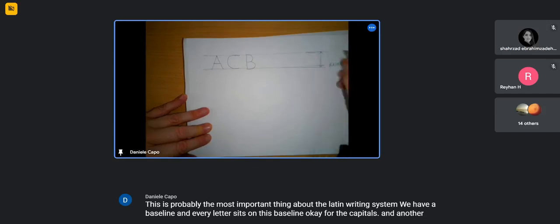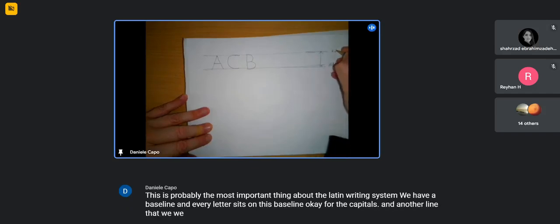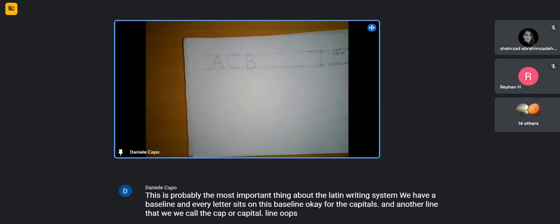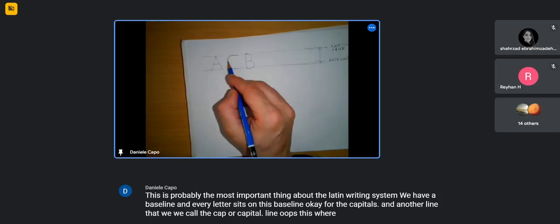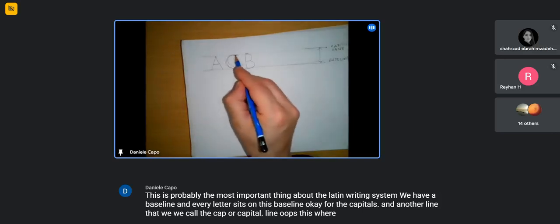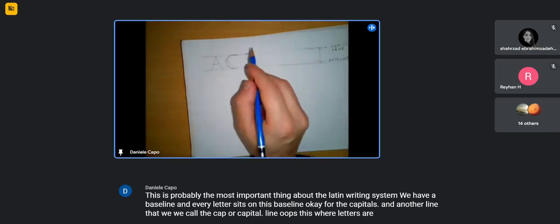And another line that we call the cap or capital line. This is where letters are aligned at the top.